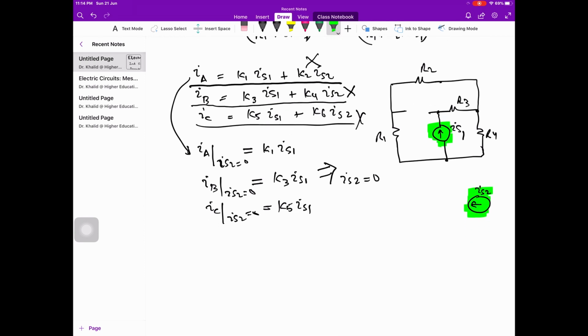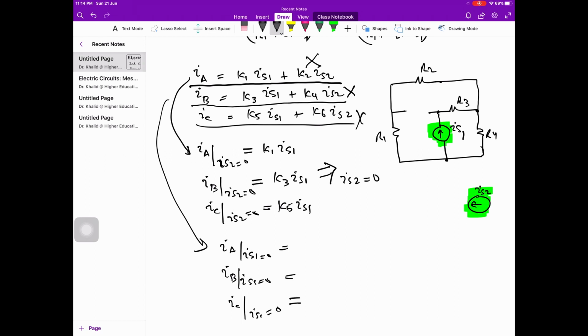Similarly, we can further see what is IA when IS1 is equal to 0, what is IB when IS1 is equal to 0, and what is IC when IS1 is equal to 0.